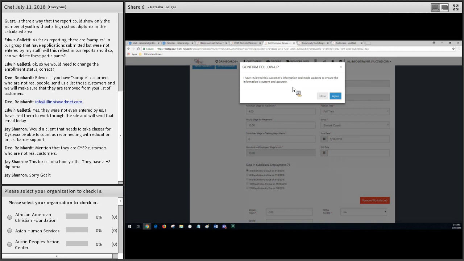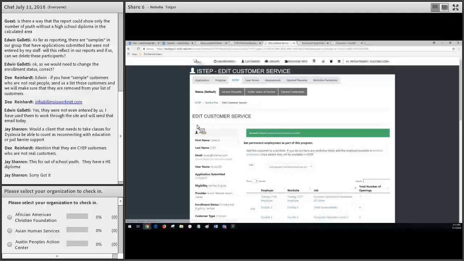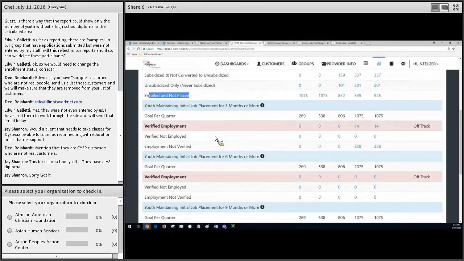So I can see that I needed to do one on 6/13/2008 for this particular person. It says I have reviewed the customer's information and made updates to ensure the information is current and accurate, and I agree. So I did that update.